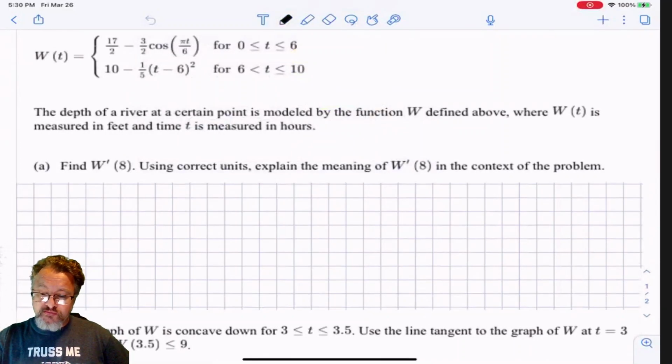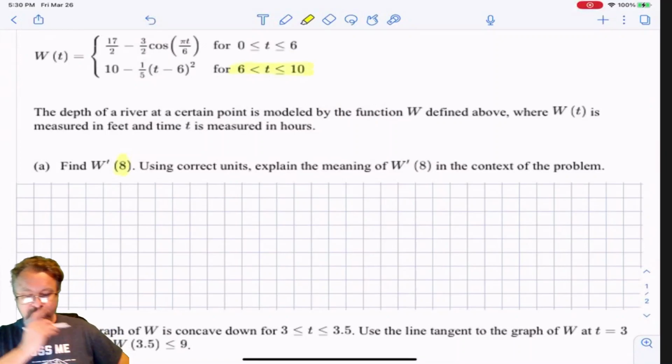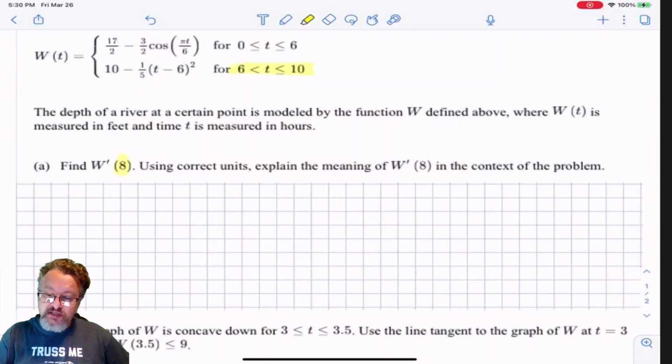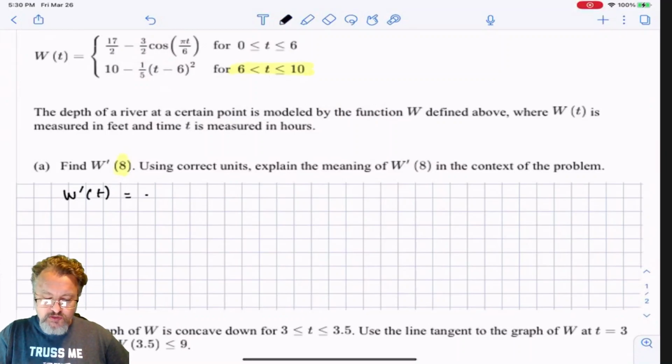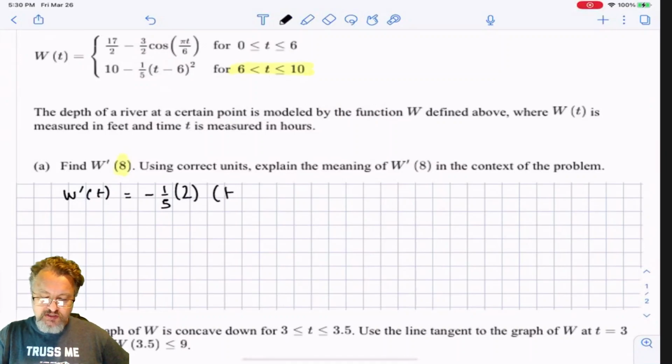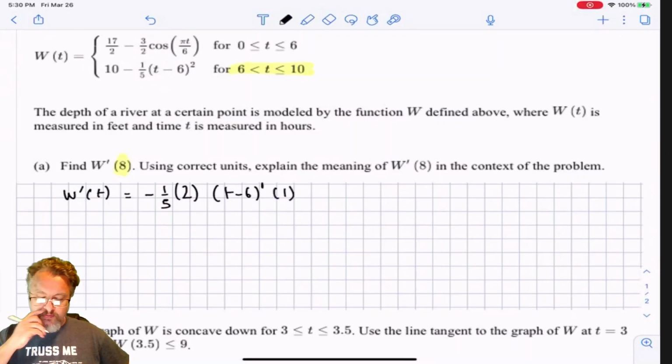The fact that this number is 8 tells me that I'm going to be over here, which means that to find w prime, I'm going to take the derivative of this part of the function. So w prime of t is going to be negative 1 over 5, then 2, then t minus 6 exponent 1, times the derivative of the inside, which is 1.